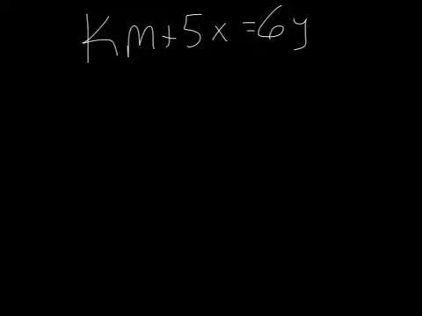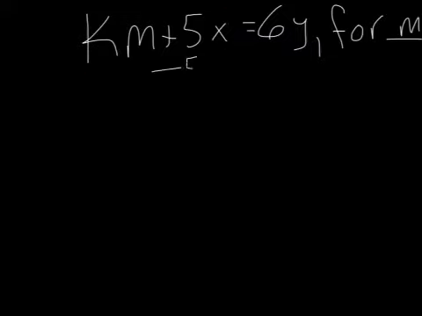Say we have km plus 5x equals 6y, and we want to solve for m. Okay, I look over here, I have my m on my left side multiplied by k added to 5x equals 6y. Alright, so I'm obviously going to start with subtracting away this 5x to get this km by itself.